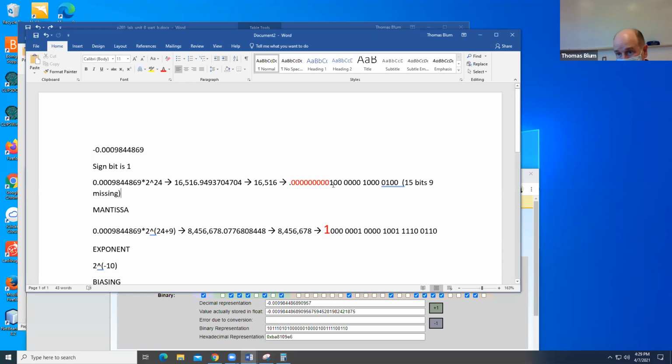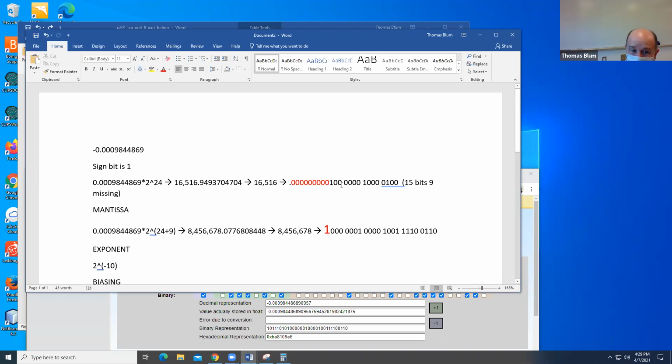Why do we get the dot there? Because that's our rule. We follow the rules of floating point notation, and that was the rule that was invented, and we must follow it. So I was missing 9, but to follow my rule and get the dot in the right place, I have to move it not only those 9, but 1 more.